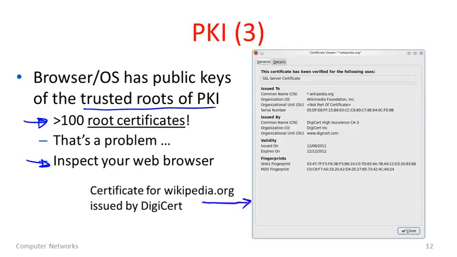You might not be able to read that, but it says it's issued to wikipedia.org. All of the details here would have the information about the public key for wikipedia.org, and you can see that it's been issued by a certificate authority, DigiCert. And there's various fingerprint and signature information that you can use to verify everything's good.